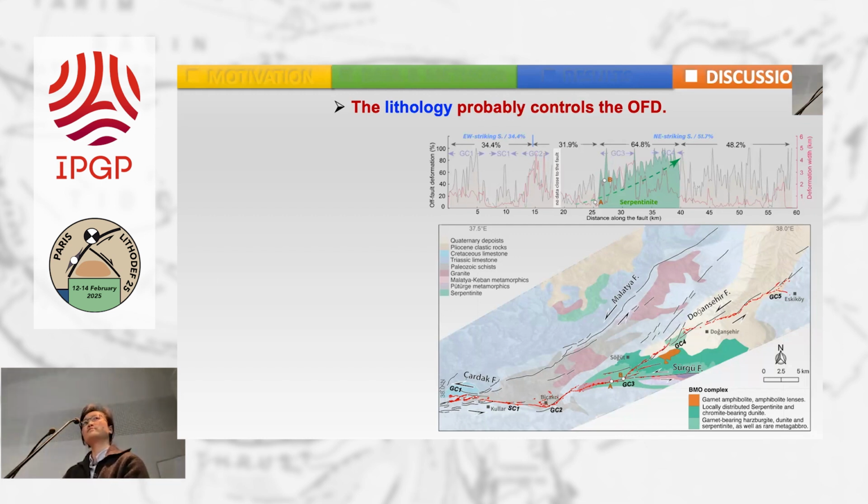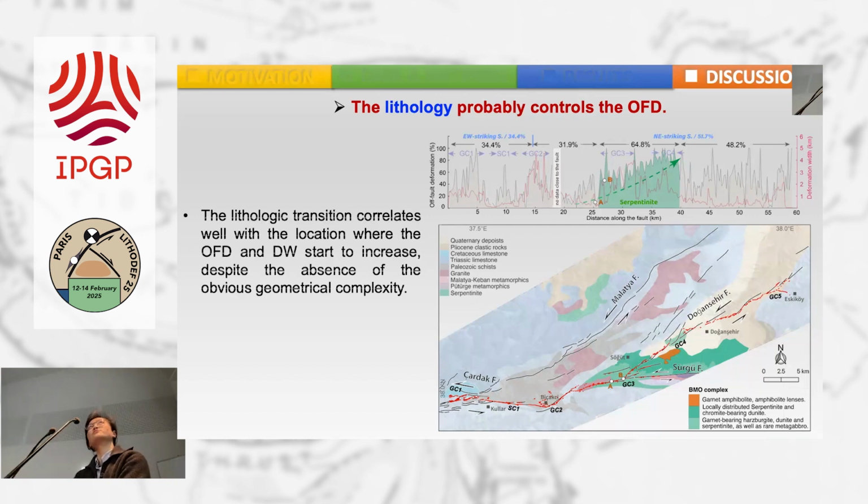serpentinite. So based on this combination of the lithology and our off-fault deformation distribution, we think the lithology transition correlates well with the location where the off-fault deformation and even the deformation width start to increase, even though there's no obvious geometrical complexity nearby.